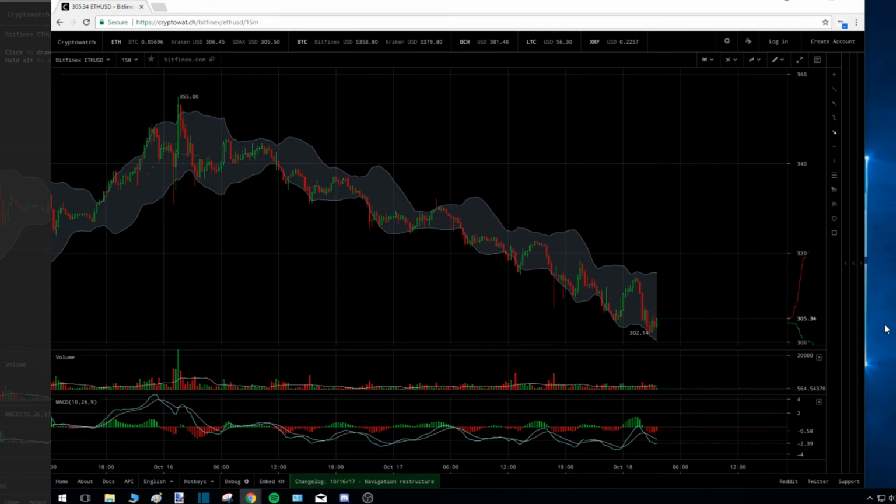The first thing to keep in mind: if you haven't already seen the RSI video where I break down the basics of divergence, I highly recommend doing that, and I'll post a link in the description below, because that's a simpler version of the MACD divergence. Quite simply put, divergence shows if the momentum is waning in a given direction.